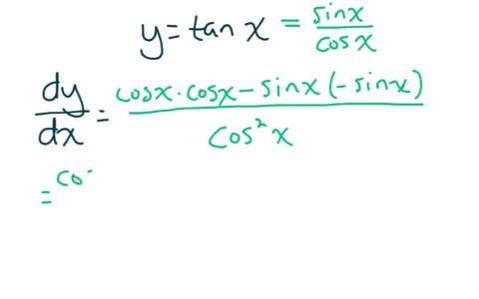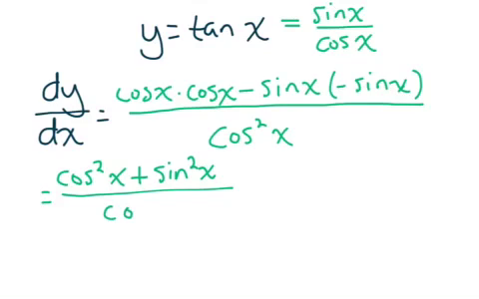We get cosine squared on top, because cosine times cosine is cosine squared. Negative sine times negative sine is plus sine squared. And then we still have cosine squared x down here. Now, at this point, we have a couple of options.